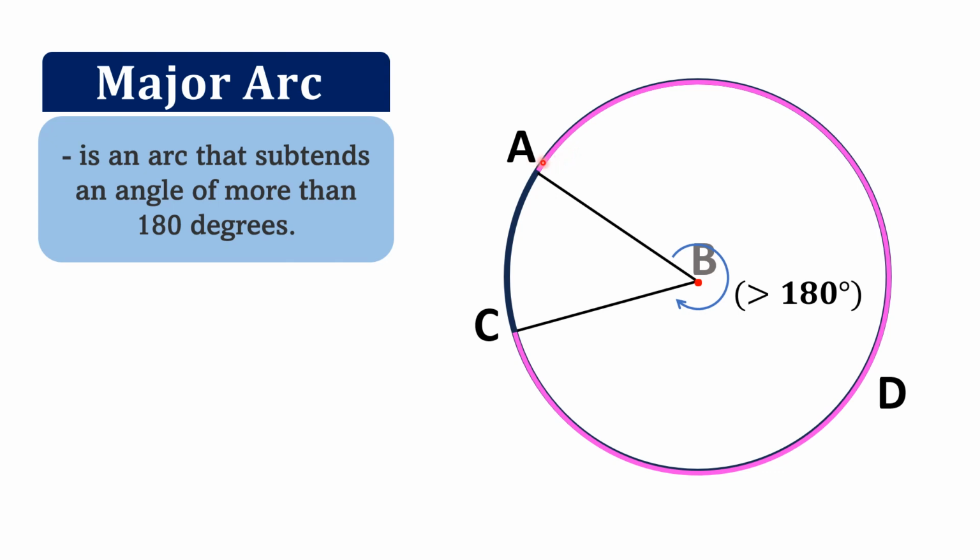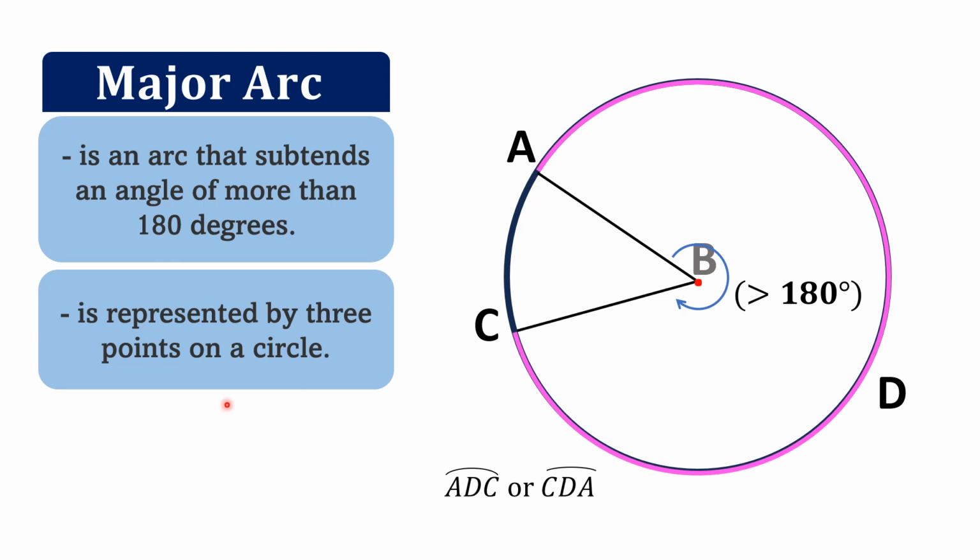How do we name a major arc? It is represented by 3 points on a circle. So if this angle is greater than 180 degrees, the arc that subtends it is major arc ADC or arc CDA.